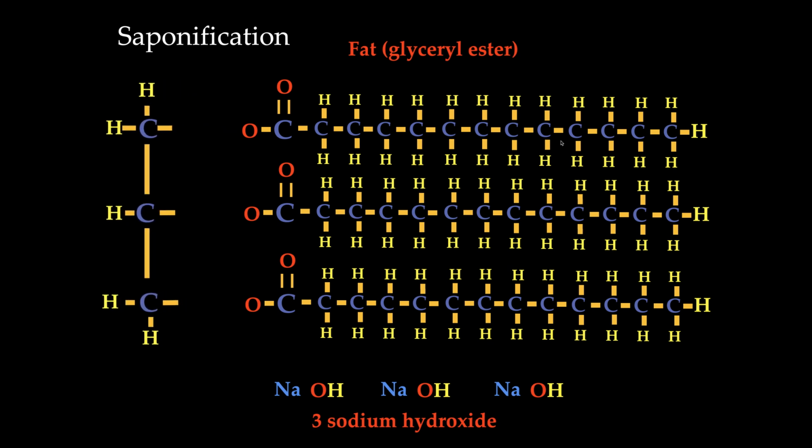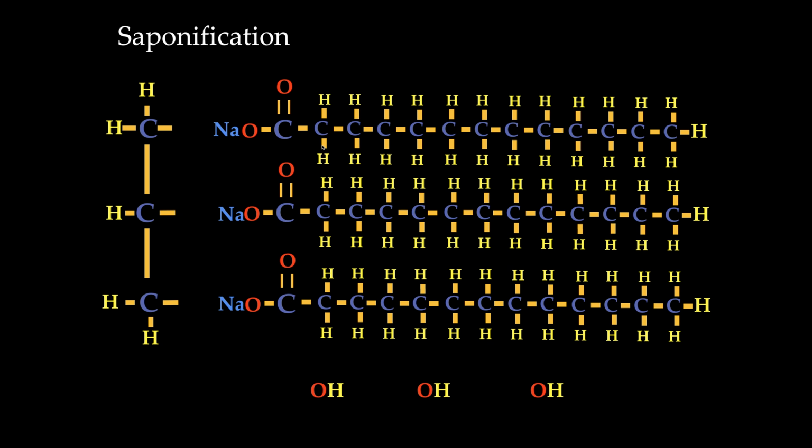The Na's from the sodium hydroxide will bond to each of these arms that was once on the fat, and the OHs will bond to the three carbons to form glycerol. And the molecules that are left behind, these sodium salts of fatty acids, that's what soap is. So glycerol is always a byproduct of soap manufacture.